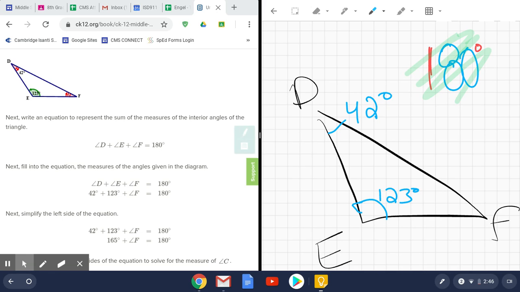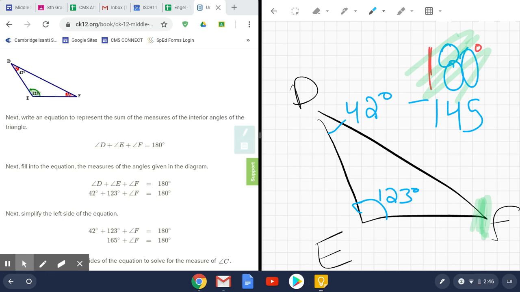So now we have to figure out what angle F is. That is our goal. What is our angle that goes with it? So what's 42 plus 123? It would be 165.